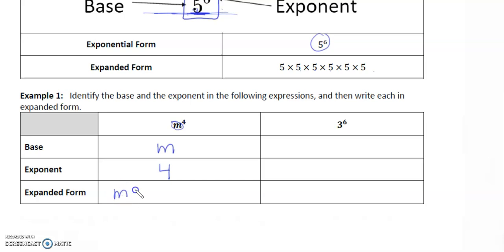So m times m times m times m. Now the second example, the base is 3, the exponent is 6, and in expanded form, we're going to write 3 times itself 6 times. So we get 3 times 3 times 3 times 3 times 3 times 3. That's 6 times.